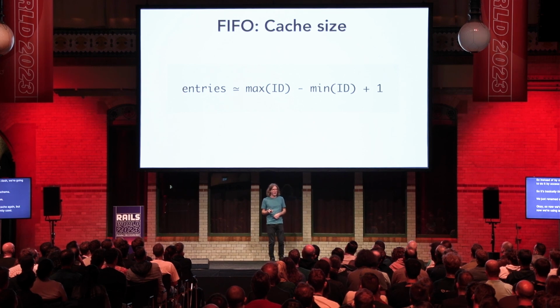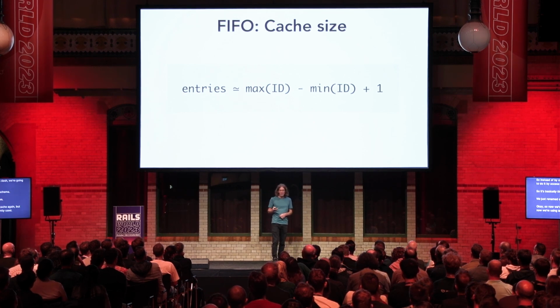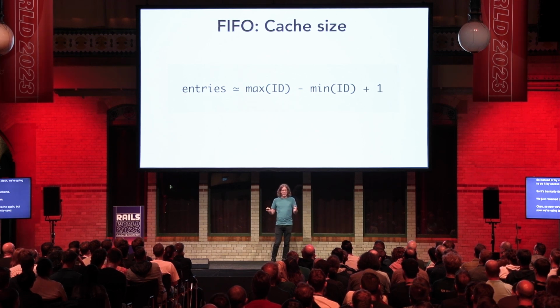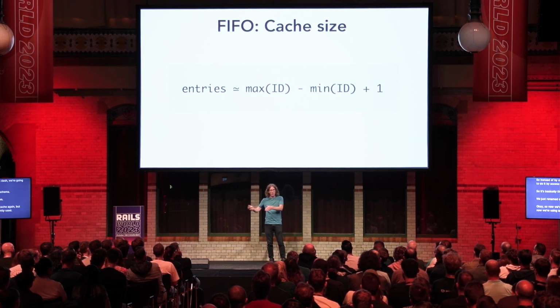Okay. The final clincher for making Solid Cache into a FIFO cache was our problem with estimating cache size. So we now have, hopefully, a simple proxy for cache size. As we said, our data isn't going to be fragmented on disk because we're laying it down block by block, and we're clearing those blocks up as we go because we're deleting the oldest items one by one.